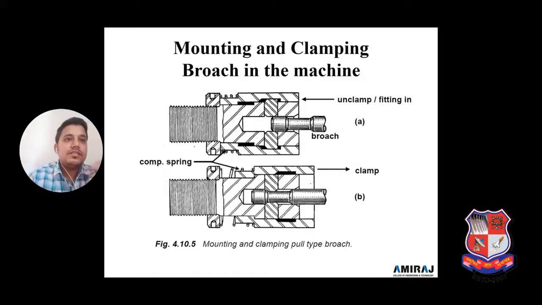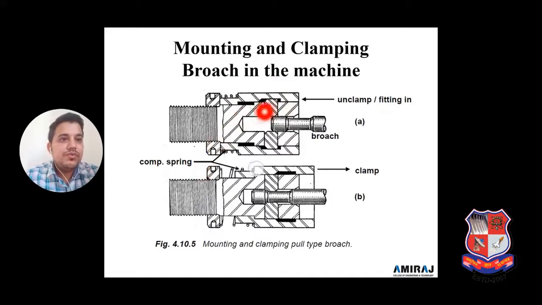Here we are discussing some mounting and clamping of broaches in the machine. Here you can observe the unclamp and clamp fittings. This is mounting and clamping of a broach in the machine.